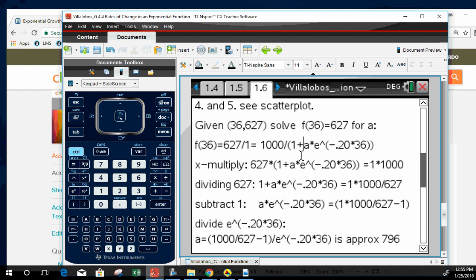And then the 1,000, this is 1 times 1,000, and that goes over here on this side. Then we're going to divide by the 627. So what remains is this, which is this. And then this, the 1 times 1,000 gets divided by the 627.